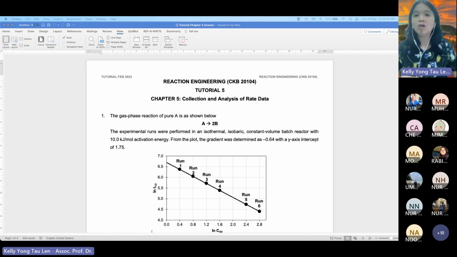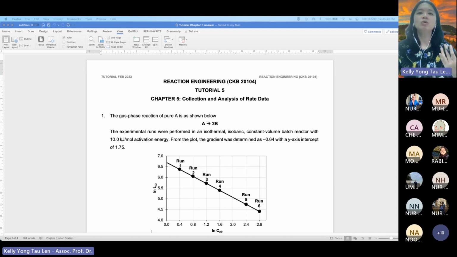First is the rate law. Basically, we want to find the reaction order of the reactant in the reaction, because once you know the reaction order, you can already determine the rate law. And second, we would like to also find out the value of k.